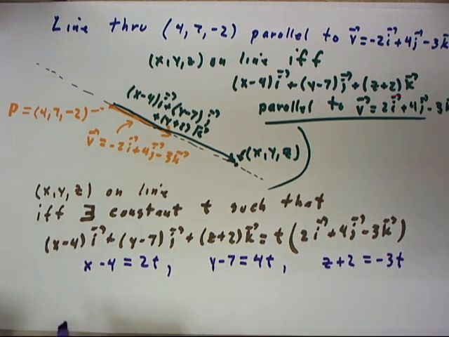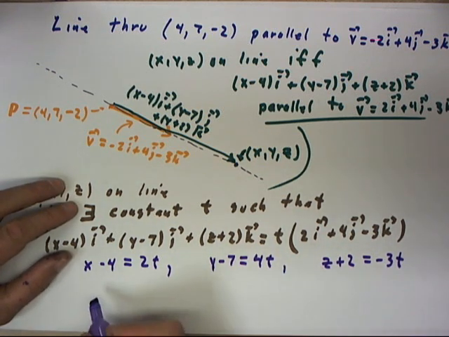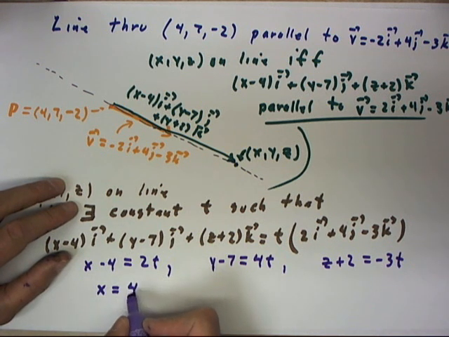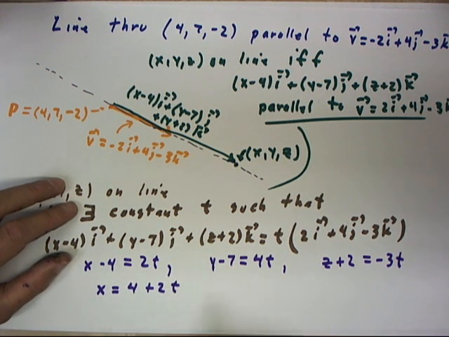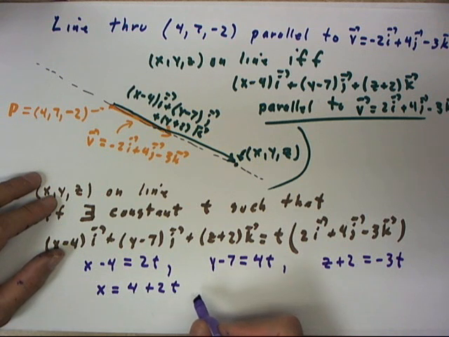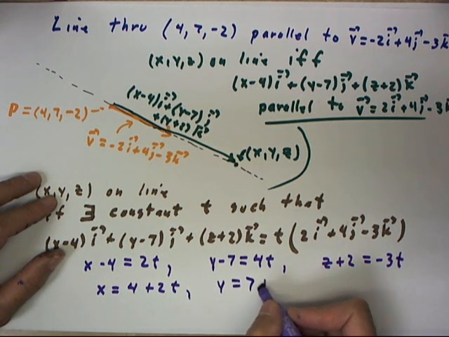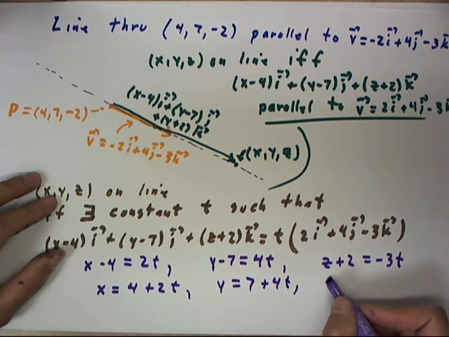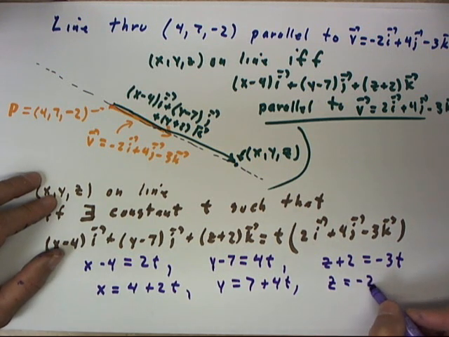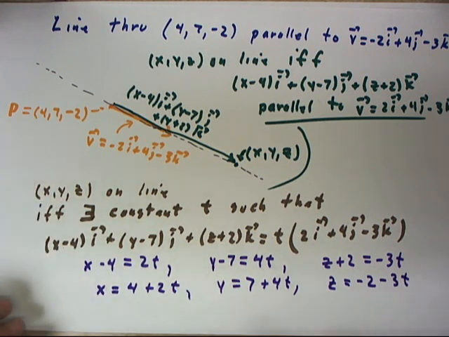There are two things we can do with these equations. One thing is we solve for x, we get x equals 4 plus 2t, and y equals 7 plus 4t, and z equals negative 2 minus 3t.